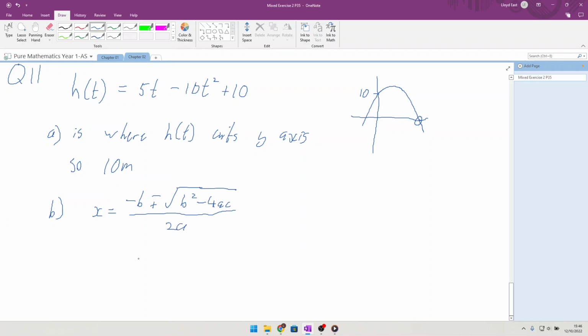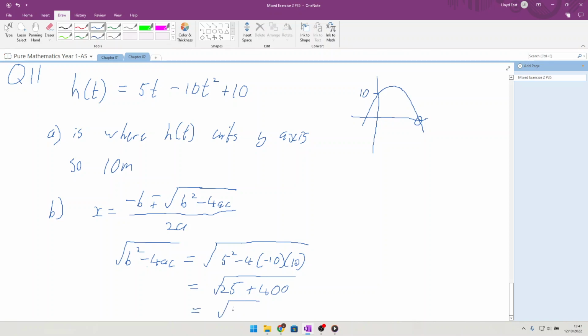So very quickly I'm going to work out the square root of b squared minus 4ac, which is equal to the square root of 5 squared minus 4 times minus 10 times c, which is 10, which gives us 25 plus 100, 10 times 10 is 100, plus 400, so the square root of 425.